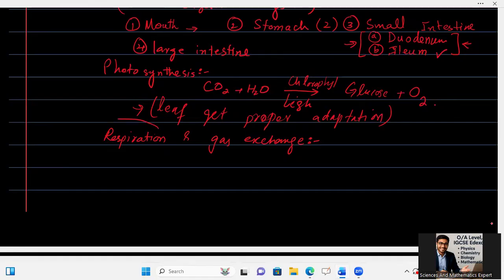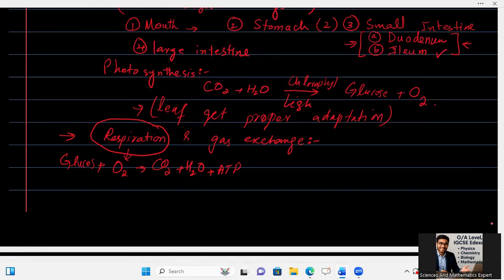I have already told you the equation of respiration when I explained that concept. Lots of energy in the form of ATP is released, and that is called aerobic respiration. With oxygen, glucose reacts to give carbon dioxide and water plus ATP, adenosine triphosphate, as energy.